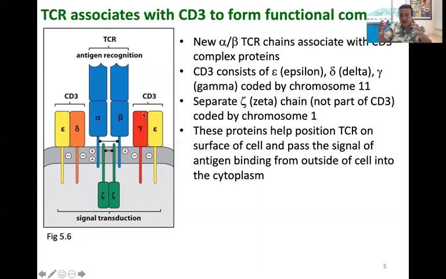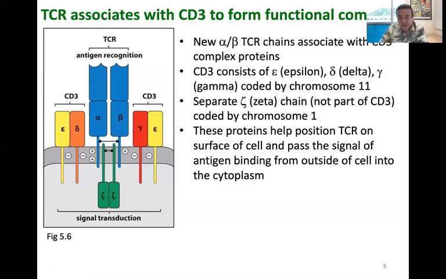And what they do is they stick to the T cell receptor, and their cytoplasmic domains, right, the ends that stick into the cytoplasm, are much bigger. In addition, you have one that's known as the zeta chain, these green ones, that are almost like all about just being a major cytoplasmic portion of the protein that also associates. And together you have a complete T cell receptor complex.